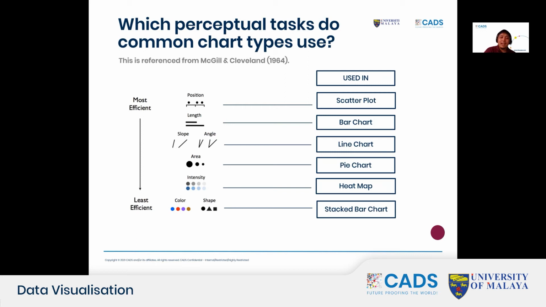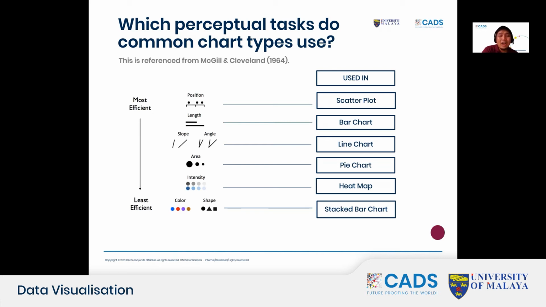Okay, and this efficiency ranking was made by McGill and Cleveland in 1964. All right, so I need to remind you that it is always important to consider your data and consider your audience, right?